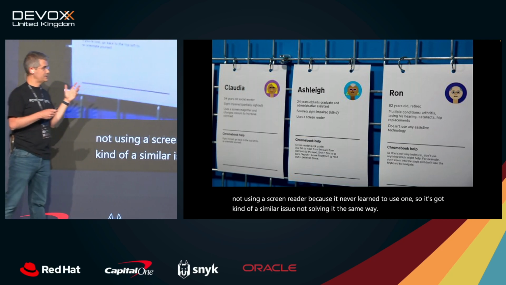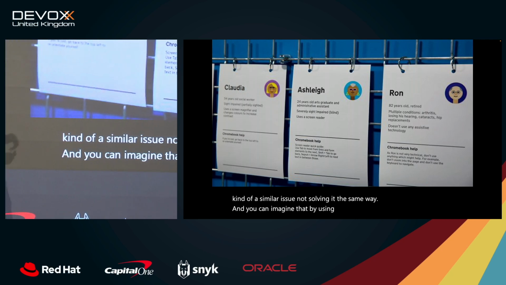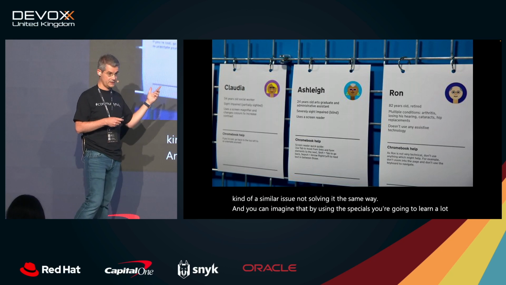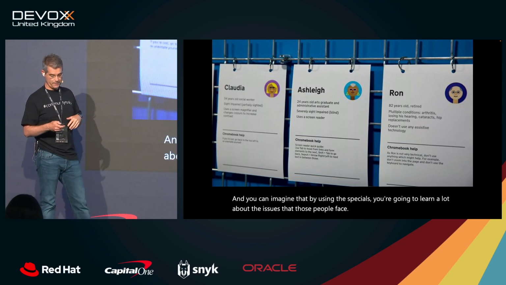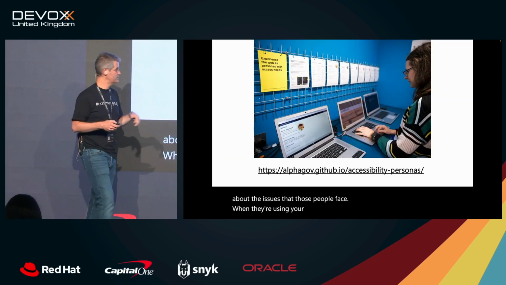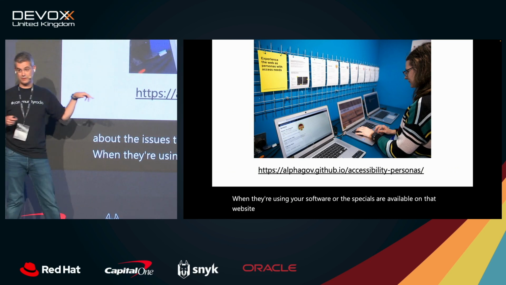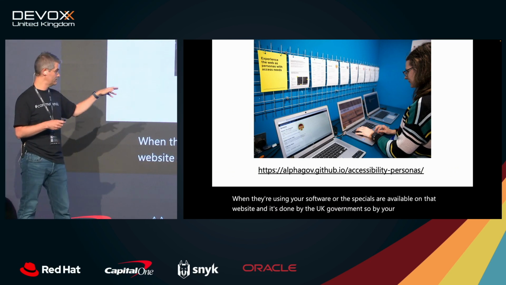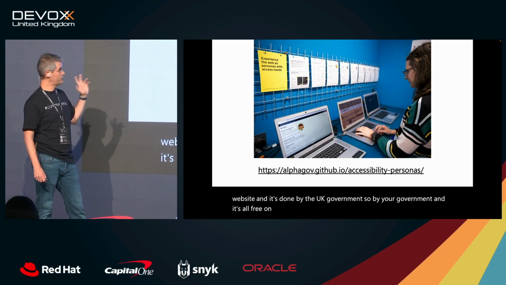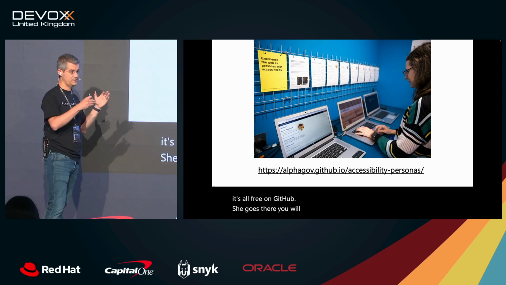And you can imagine that by using those personas, you're going to learn a lot about the issues that those people face when they are using your software. All those personas are available on that website, and it's done by the UK government, so by your government, and it's all free on GitHub. If you go there, you will have detailed personas with their issues.